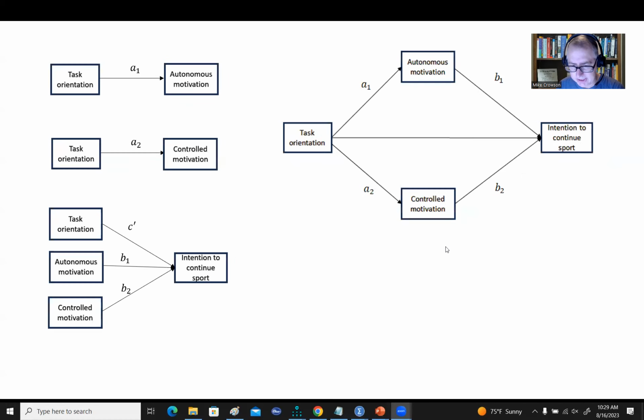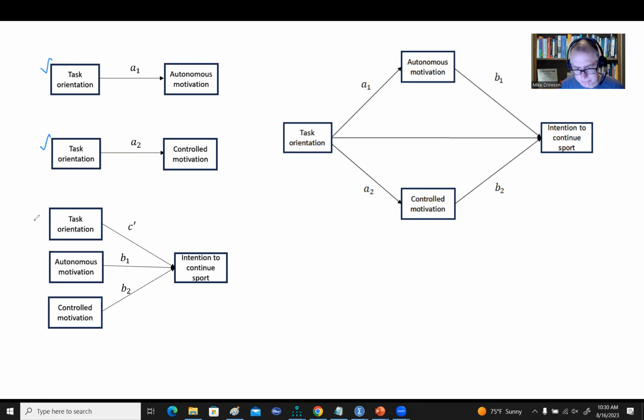Just taking a look at the regressions that are the statistical model associated with that conceptual model on the right, you'll see that we have a regression of autonomous motivation onto task orientation right here. So that's our A1 path. The regression of controlled motivation on task orientation, that's our A2 path.